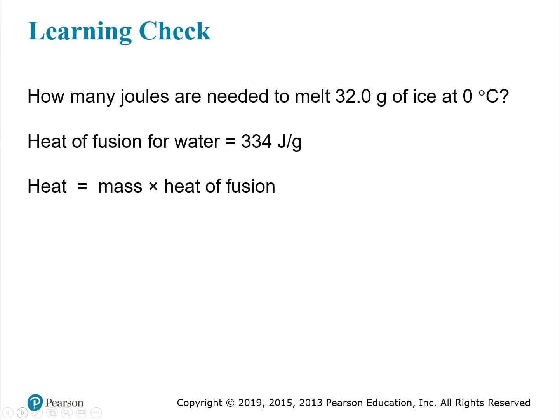Let's do some math. How many joules are needed to melt 32 grams of ice at 0 degrees Celsius? The heat of fusion for water is 334 joules per gram. And our equation is right here. The mass of water that we have is 32.0 grams.